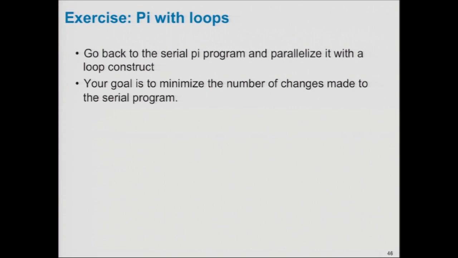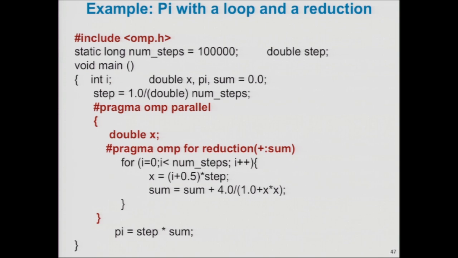All right, so anyway, back to the slide here. So we've already seen how to parallelize the Pi program in several different ways, and in particular, how to do it using single variables and stuff, using a critical section. But we still had to make a fair number of changes to the code. So now that we have the loop construct, as I showed for that simple example, we can actually parallelize things with fairly minimal changes.